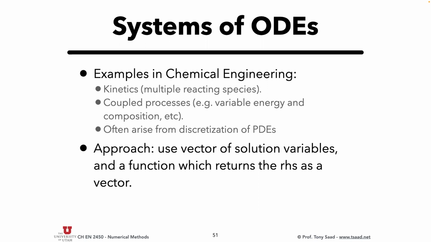The simplest example that comes to mind is chemical kinetics, where you have reactants reacting with each other and producing products, and then products potentially reacting with the reactants, and so on. All of those are going to be dependent on each other, and you cannot solve one equation without solving the others. So you have to solve all of them concurrently. Thankfully, ODE int allows us to do that.